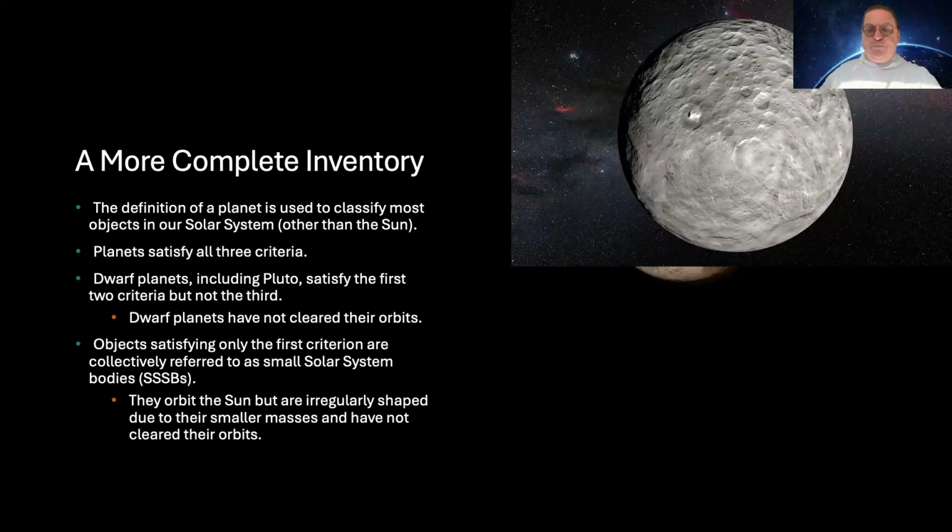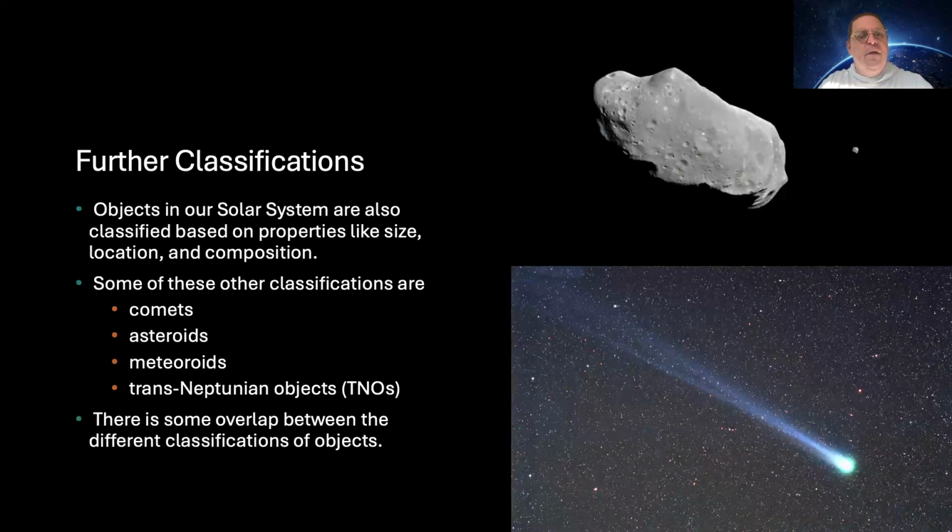And that inventory includes things like comets, asteroids, meteoroids, things known as trans-Neptunian objects, or TNOs as we call them, and dwarf planets, and so forth.